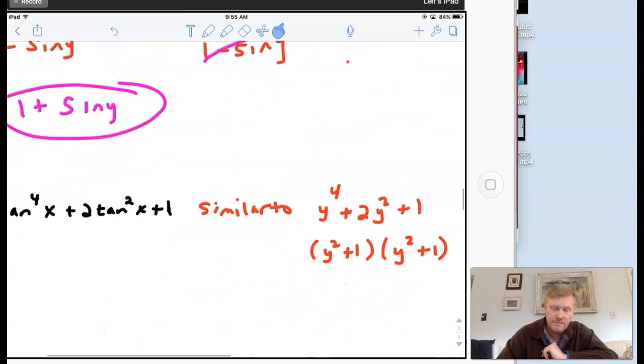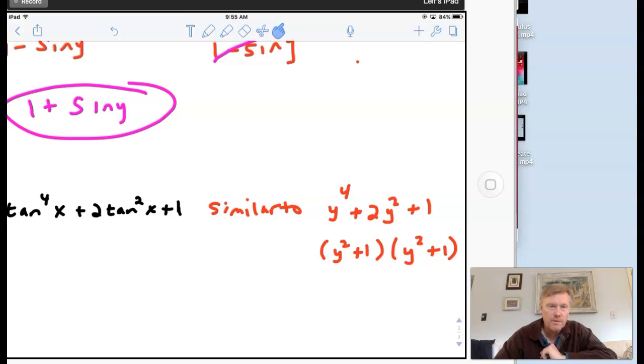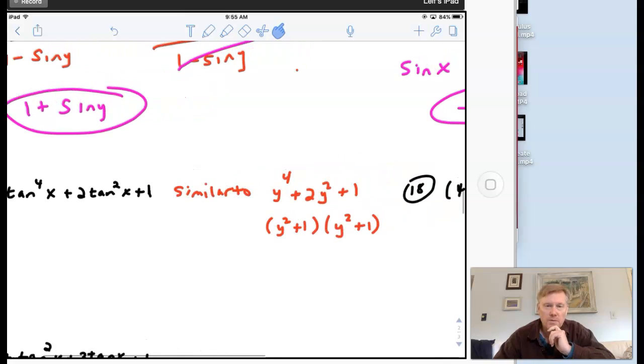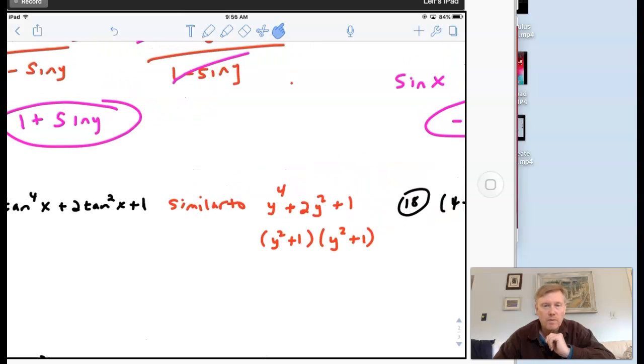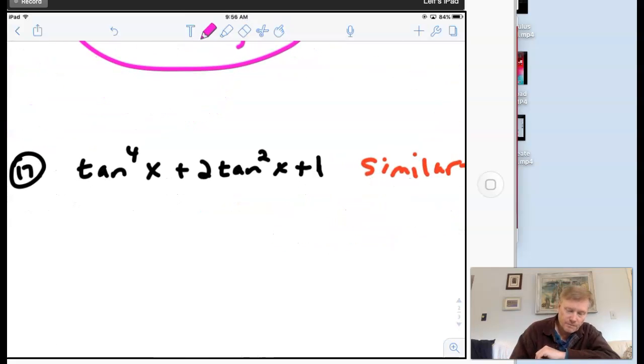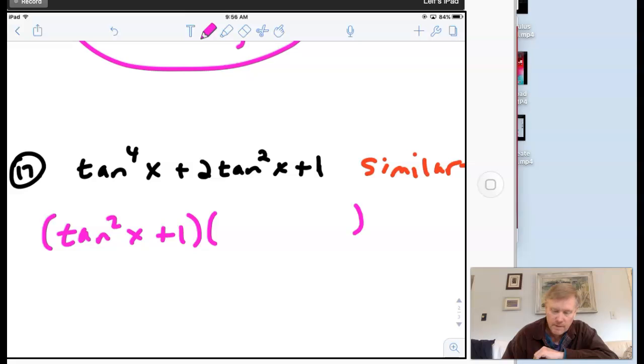Number 17. This one's a little trickier. Tangent to the fourth plus 2 tangent squared of x plus 1. So this one's similar to y to the fourth plus 2y squared plus 1. That's a factoring problem, right? It's y squared plus 1 times y squared plus 1. Things that multiply to 1 and add up to 2 would be 1 and 1. And then the square root of y to the fourth is y squared. So that's how I'm going to go about this one, which means I get tangent squared of x plus 1 times tangent squared of x plus 1.